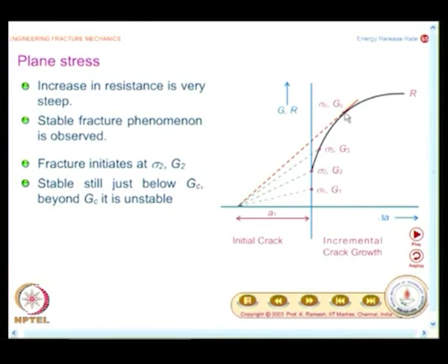So, what does this show? At this point G equal to R is satisfied, but beyond this point, because the curve is tangential, you will find the energy availability is much more than resistance.